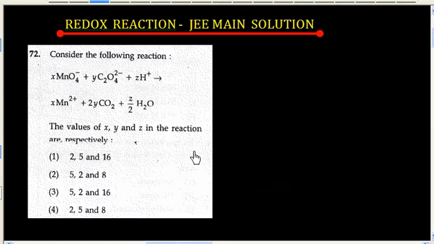So this problem is related to balancing redox reactions. So we have this equation.